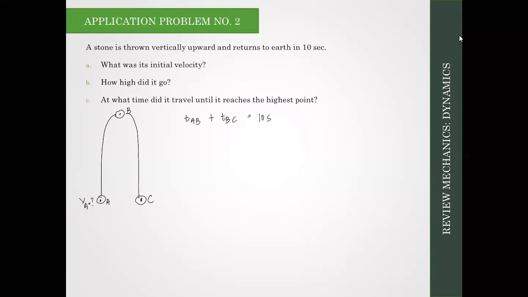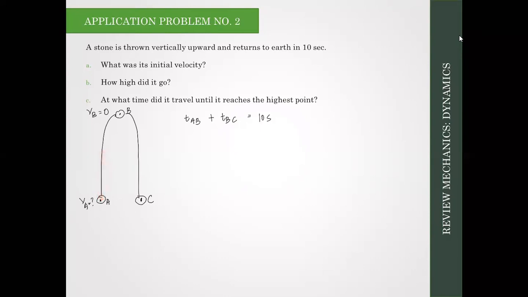And then, pagdating din sa B, sabi ko nga, pag na-reach na yung highest point natin, no? Ano nangyayari? Yung velocity natin is nagiging equal to 0 na siya. Bakit? Dahil habang nagta-travel siya pataas, no?